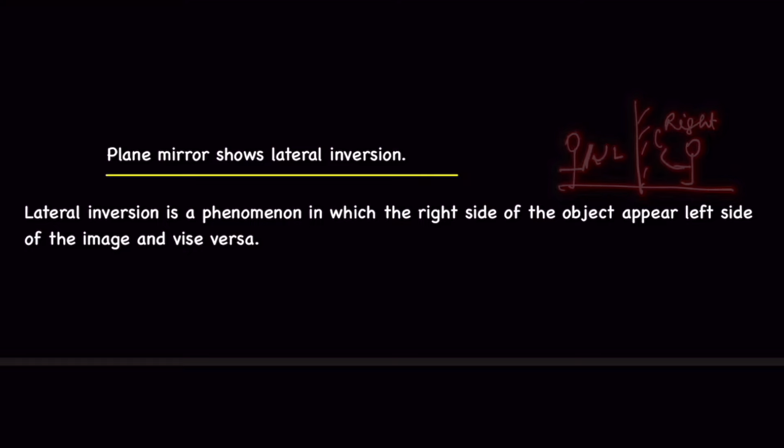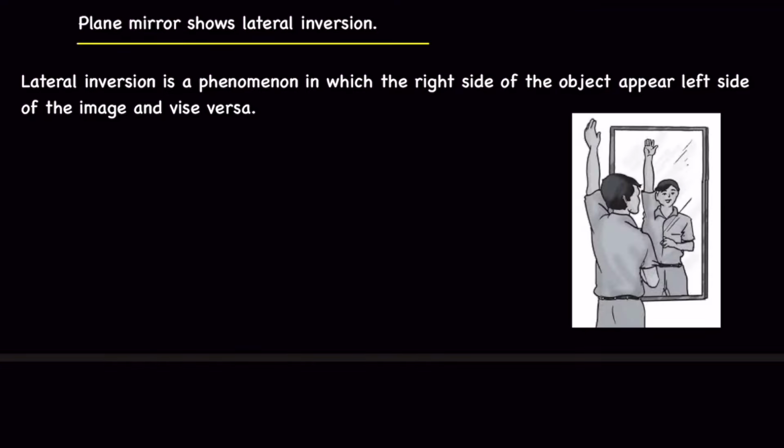You can also notice that when you are standing near the plane mirror and raise your left hand, for the mirror it will be reversed. As you see in this figure, the boy is lifting the left hand, but here in the mirror it shows right. So this is the concept of lateral inversion.